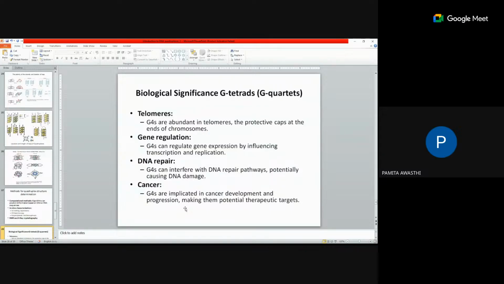G4 interferes with DNA repair pathways, potentially causing DNA damage. G4 is also implicated in cancer development and progression, making them a potential therapeutic target, and this is where my research lab and my students, PhD as well as postdoc students, are working.